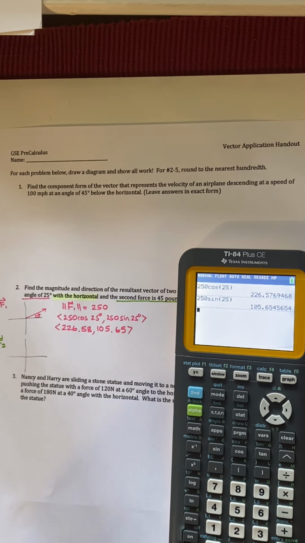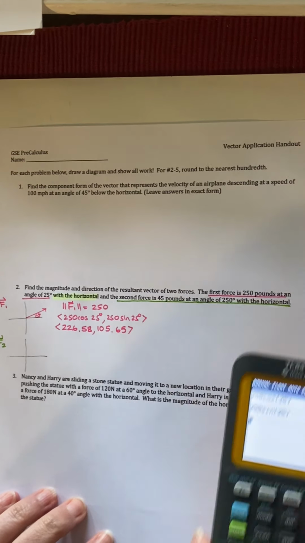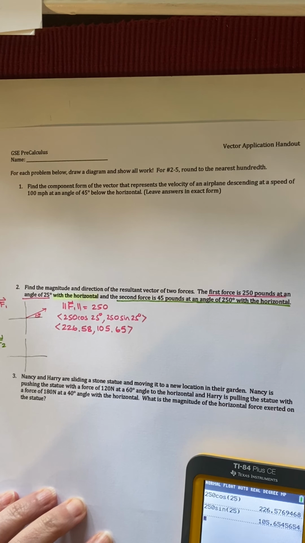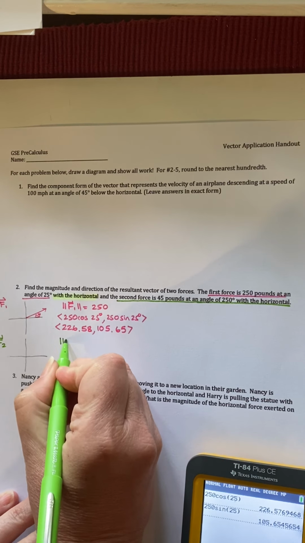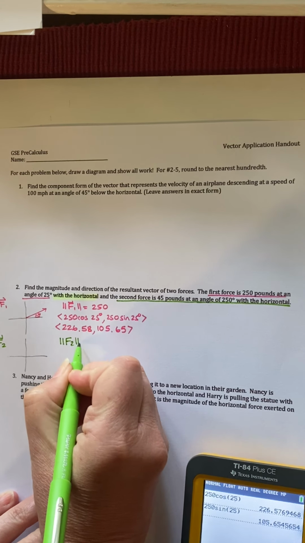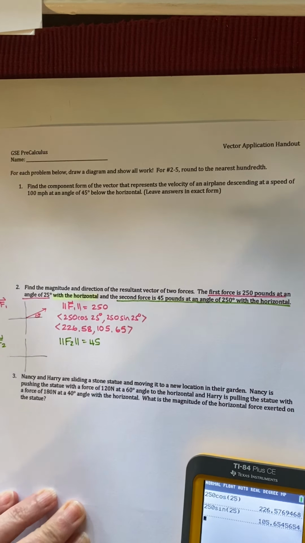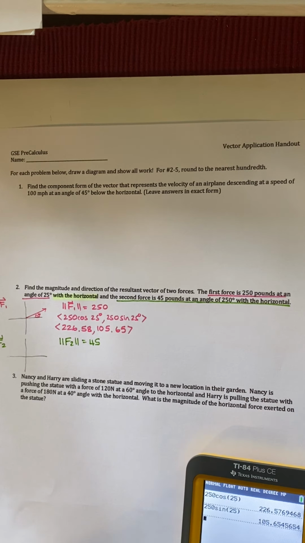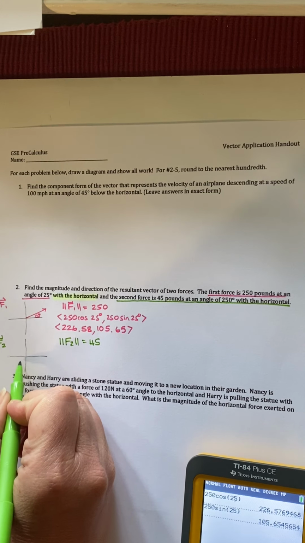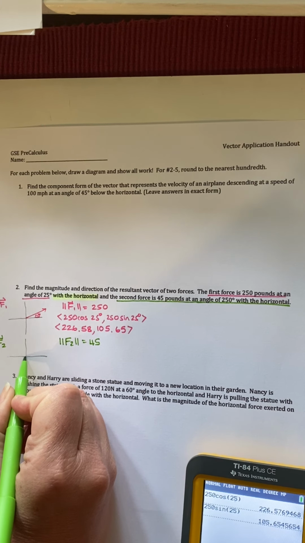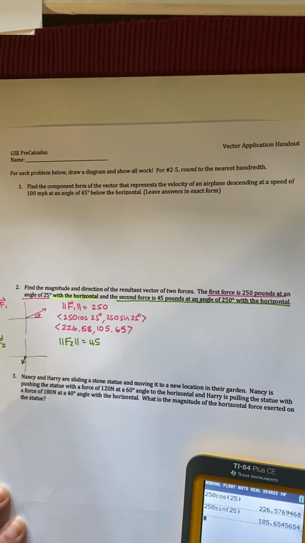So this vector here, it tells you it has a force of 45 pounds. That's the magnitude of that vector, and it has an angle of 250 with the horizontal. If you're starting here, this would be 180 degrees, this would be 270, so 250 would be about here. This is much smaller than the original one, so I'm going to just draw it small over there.